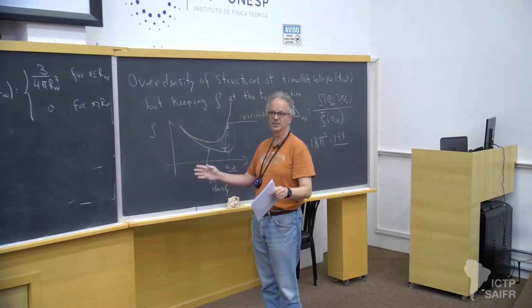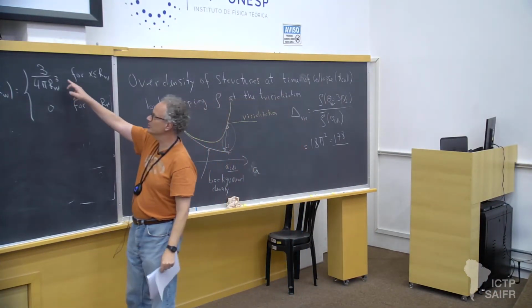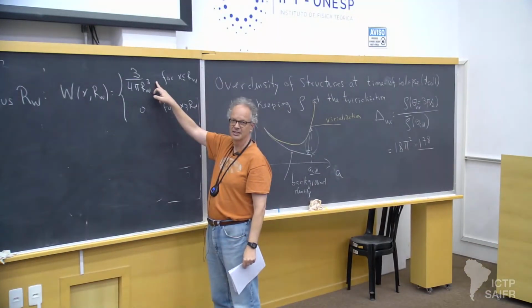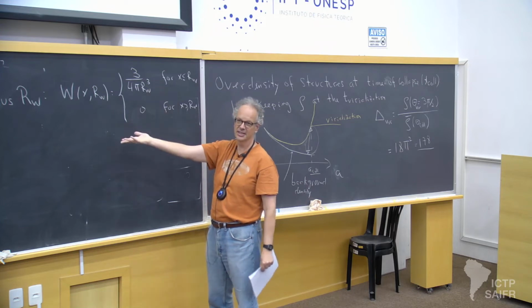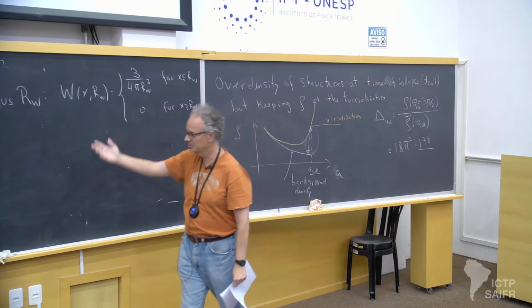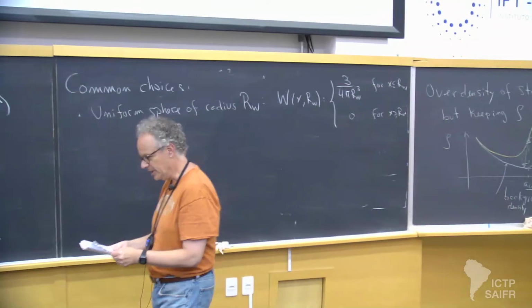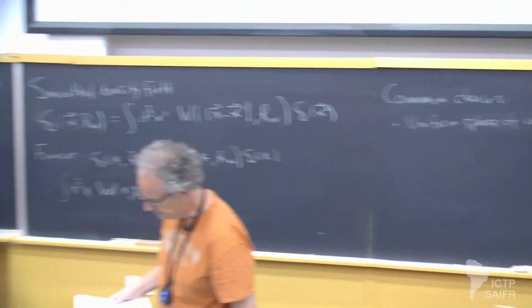So that's the simplest thing. So why does it have this funny form? It's a uniform thing, but why this funny thing? It's normalization, right? Just normalization. It has to be normalized to 1. Okay, that's the simplest possibility.